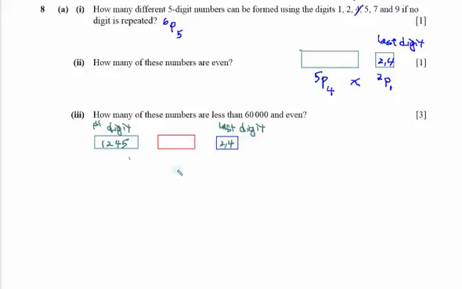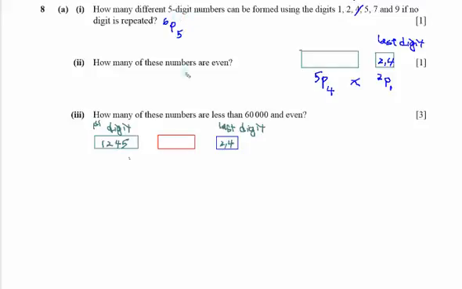Then in between, if you take 1 for the first digit and 1 for the last digit, you are left with 4 digits.